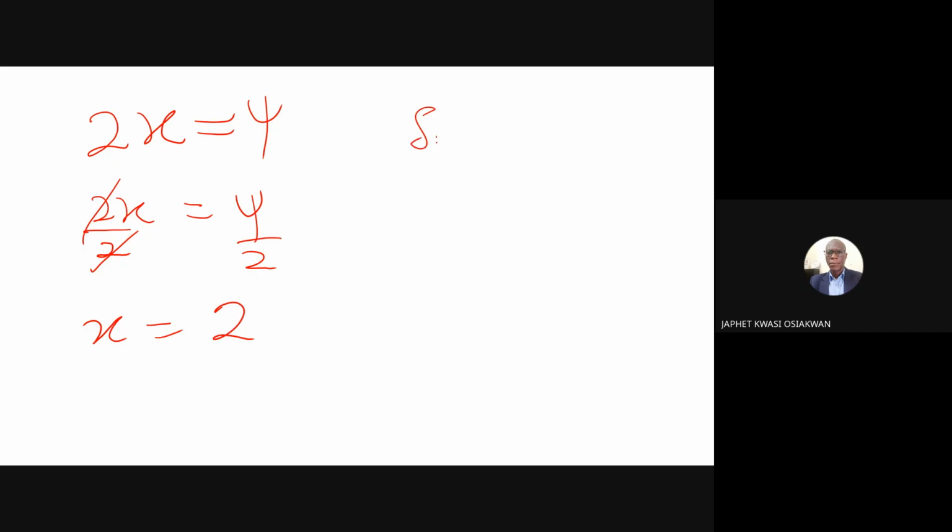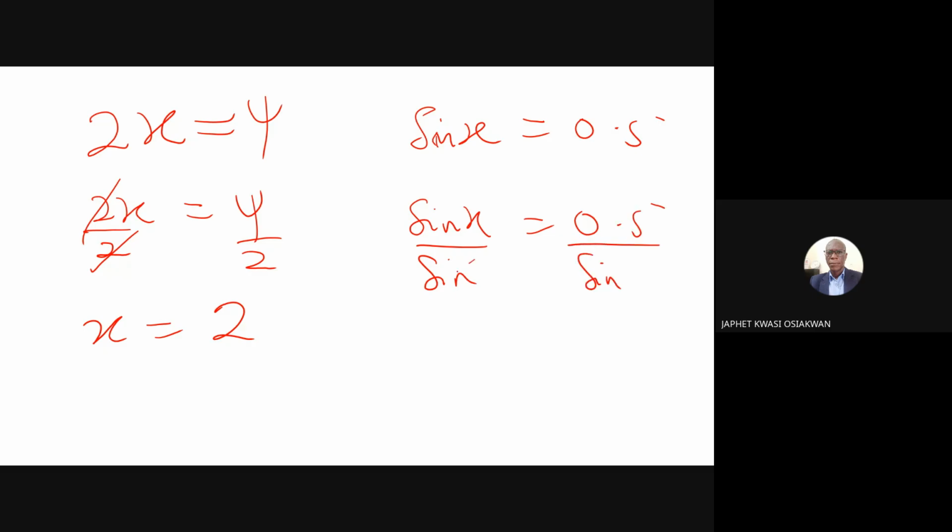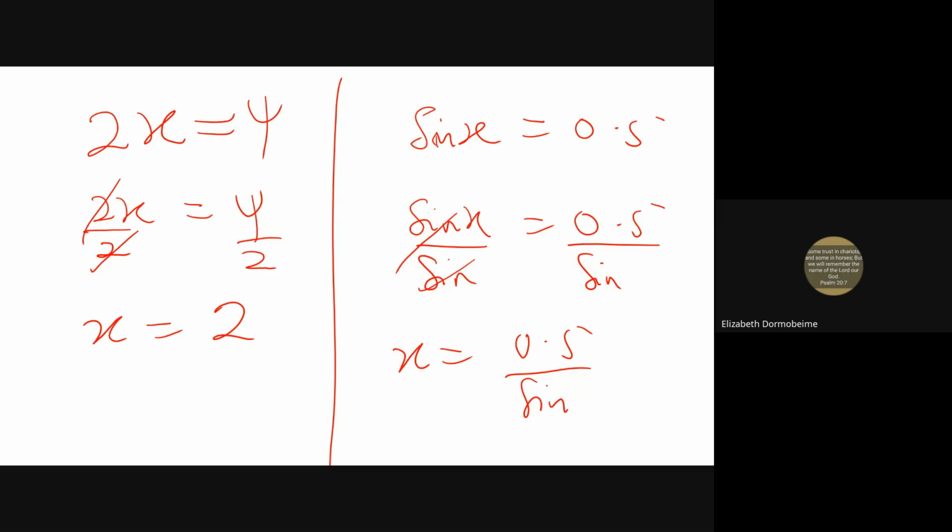Now the student has been given sine x is equal to 0.5. So the student said that to get the x, you divide both sides by sine. So this side by sine, and then this side also by sine. And so the sine here will cancel the sine. X will be equal to 0.5 over sine. Then you find that. Is the student right? Yeah.